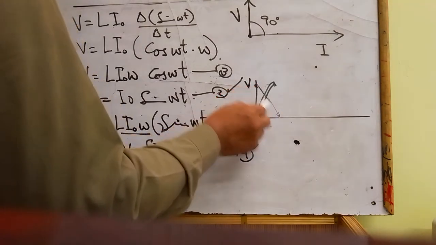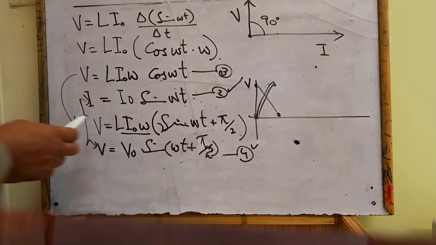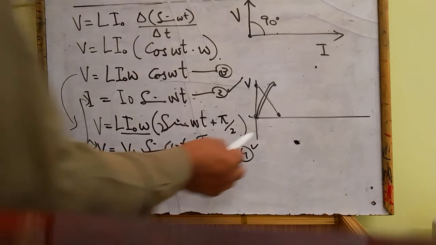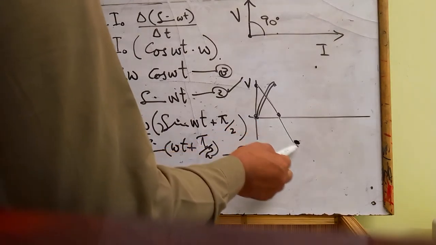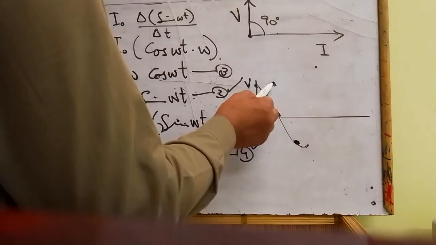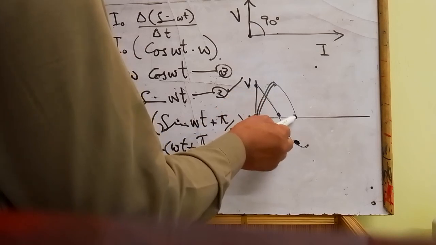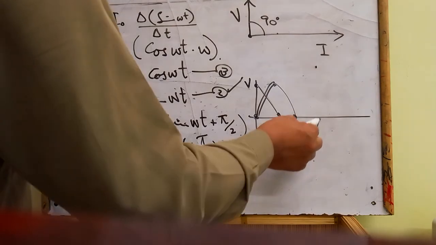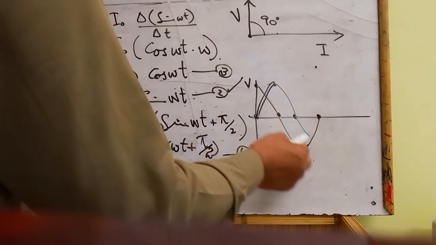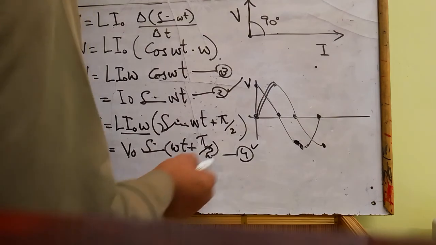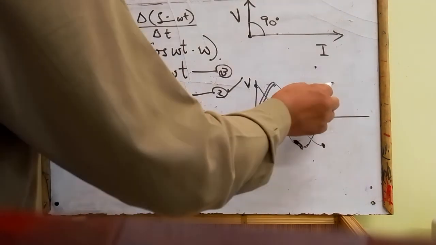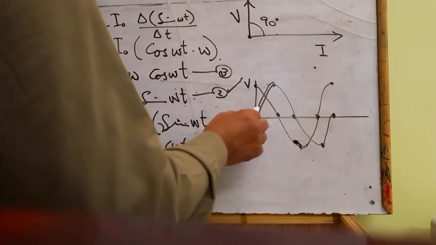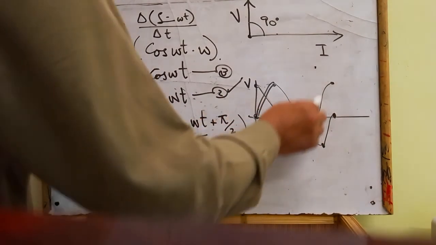Current maximum, voltage 0. When the voltage further increases and reverses, the current should also come to 0, like this. Voltage again 0, the current maximum. Voltage maximum, current 0.